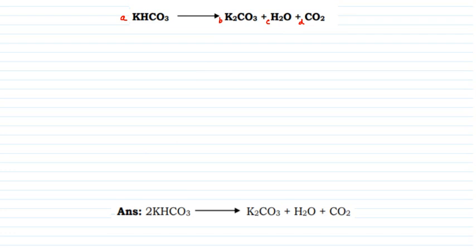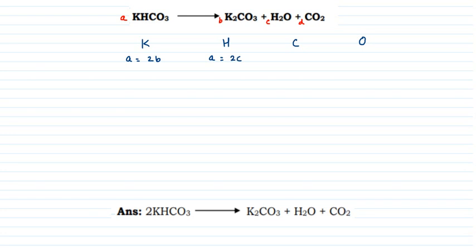Now here is potassium, K, your hydrogen, then carbon, then oxygen. Okay, now potassium: A is equal to 2B. Hydrogen: A is equal to 2C.